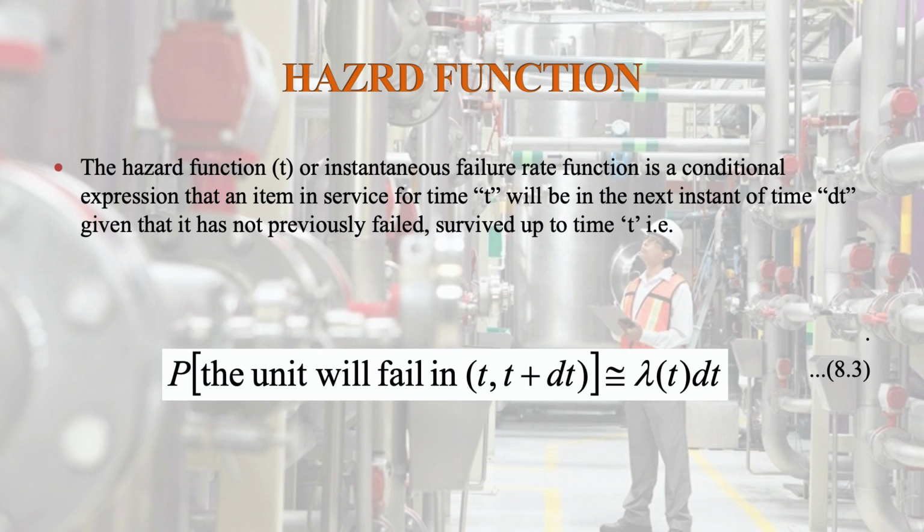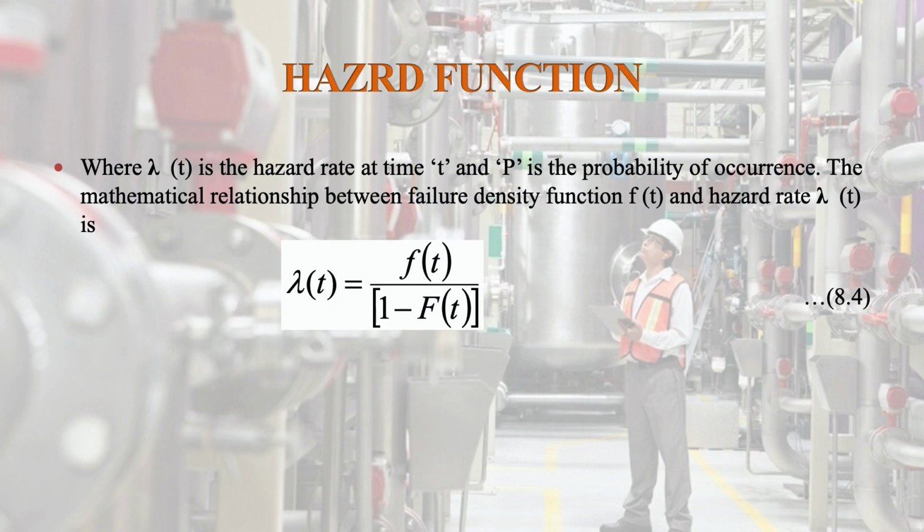That is, P(the unit will fail in t, t plus dt) is equal to lambda(t) dt, where lambda(t) is the hazard rate at time t and P is the probability of occurrence. The mathematical relationship between the failure density function f(t) and hazard rate lambda(t) is lambda(t) is equal to f(t) divided by 1 minus F(t).